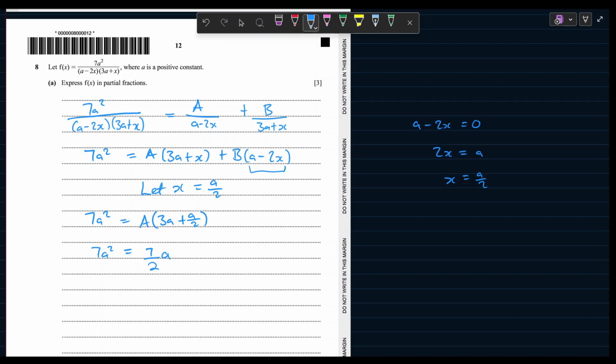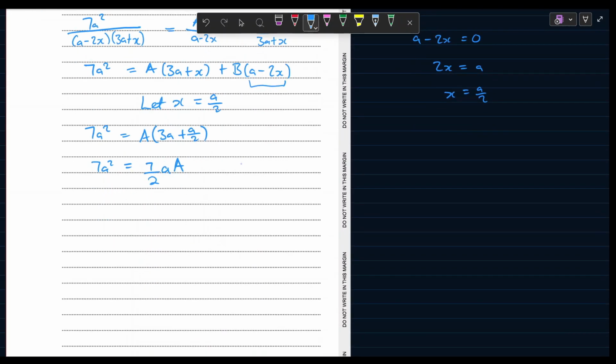We've got the small letter a and the capital A. And so just multiply both sides by 2 over 7a. So by 2 over 7a, and we get that A is equal to, the a cancels that a, and then 7, 7, so A is 2a.